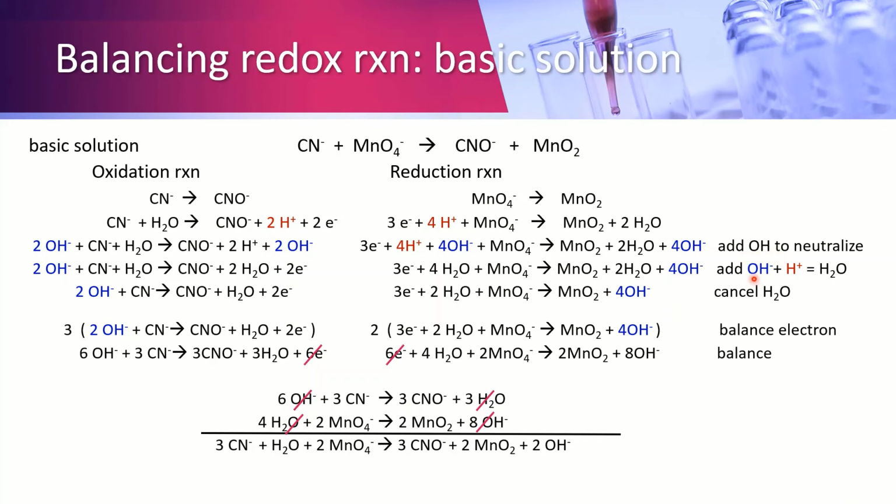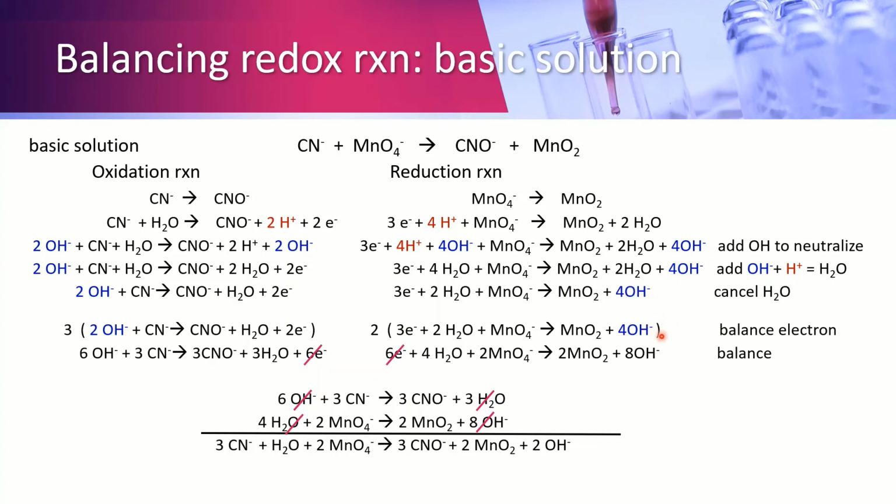And take note, OH ion plus H positive produces water. In adding 4 OH negative at the left and right, you produce 4 molecules of water at the left. So, you have 4 here and 2 here. Then you cancel out, 4 minus 2. You only have 2 and no more molecules of water at the right. Now, this is the balanced half reaction for reduction.